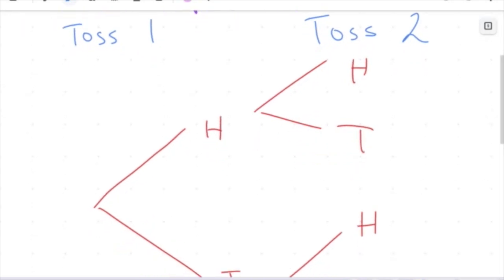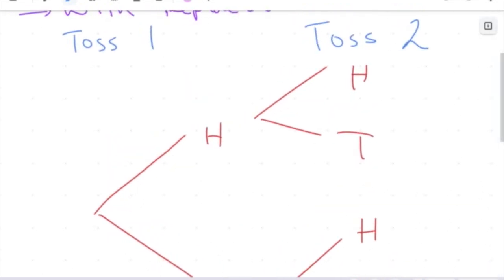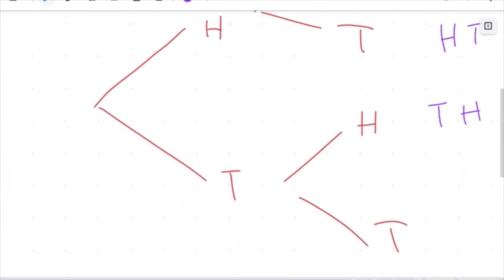But just to consider this tree diagram now, let's write all of our outcomes on the right hand side. So I have the possibility of getting a head and a head, or getting a head first and a tail after that, the possibility of a tail first and then a head, and then a tail and a tail.